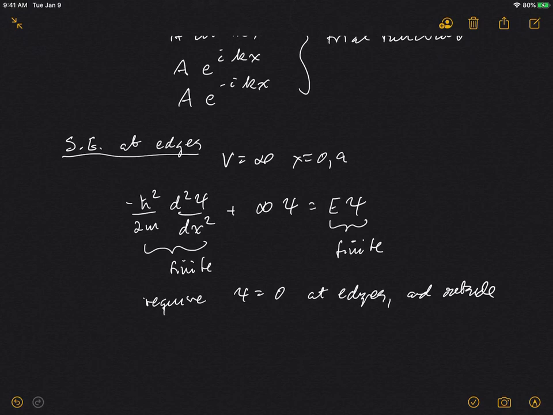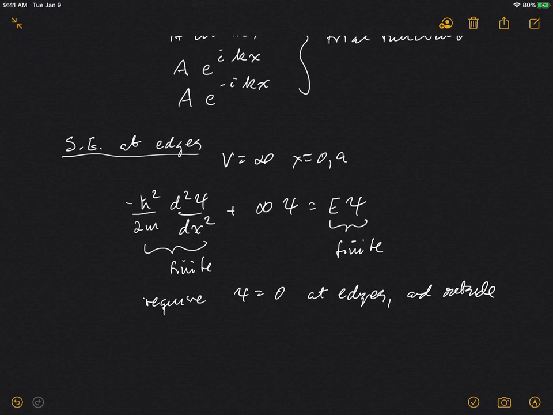Okay, and that is consistent with our physical picture. The edges are walls, so we don't expect there to be probability density at the wall or just past the wall, because probability density is related to the wave function squared.